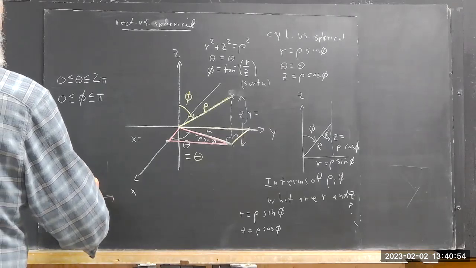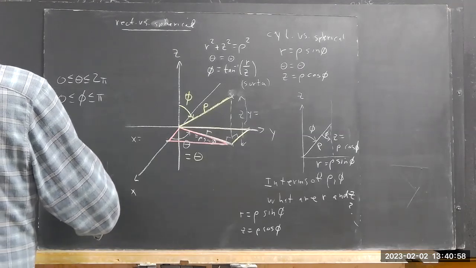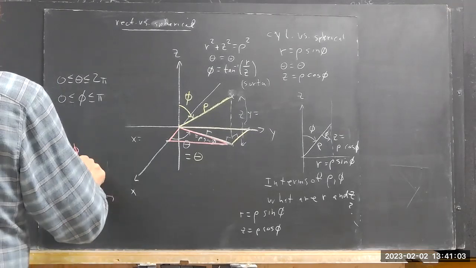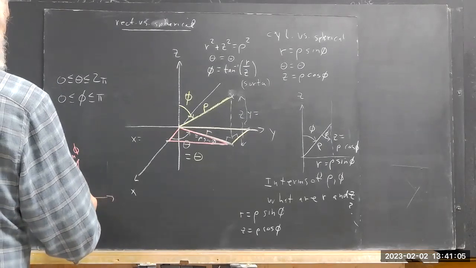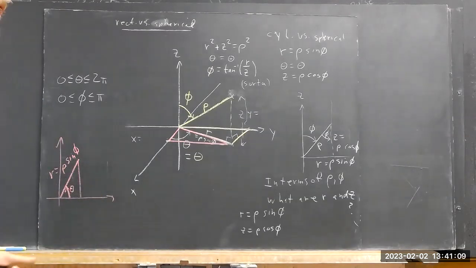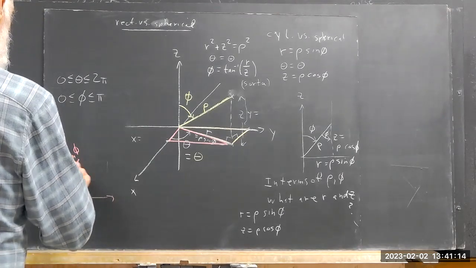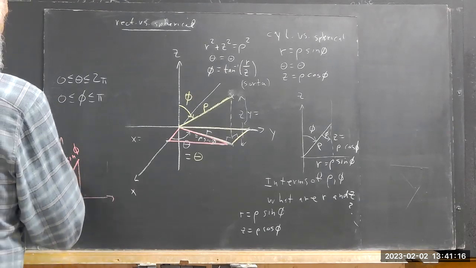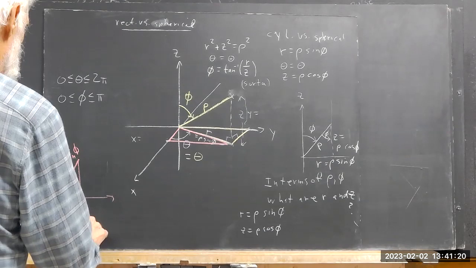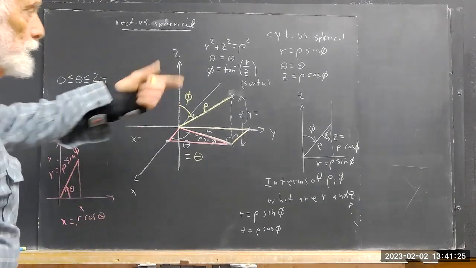Here's rho. Here's R, which equals rho sine phi. Here's theta. Here's your x coordinate. Here's your y coordinate. It should be clear that x equals r cosine theta, which we wrote down for the cylindrical coordinates, right?